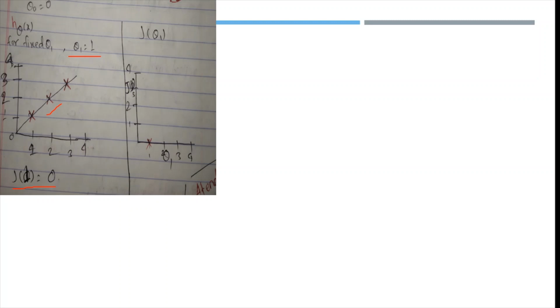So J of 1, where the 1 is theta 1, equals 0. We find our cost function equals 0, so we plot that point in this graph against theta 1.